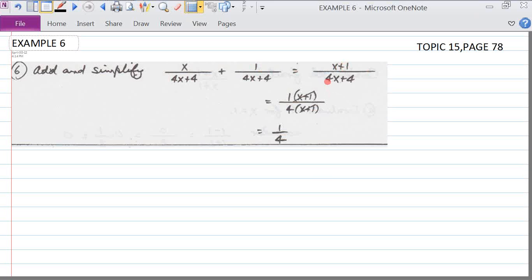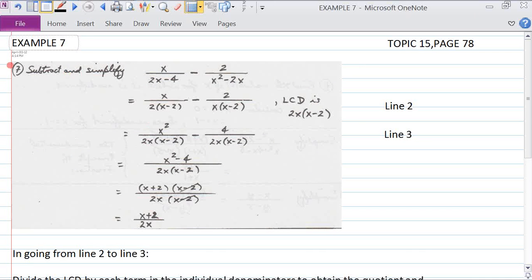Now once you've got this, you can factor out 4 from the denominator. 4 times x gives you 4x, and 4 times plus 1 gives you plus 4. So now you have x plus 1 on the numerator, x plus 1 on the denominator. You cancel this with this, and you're left with a quarter.